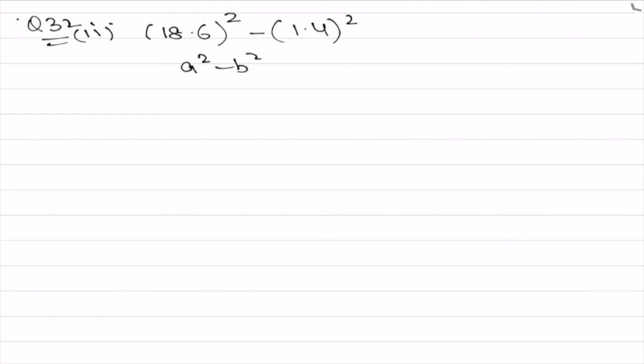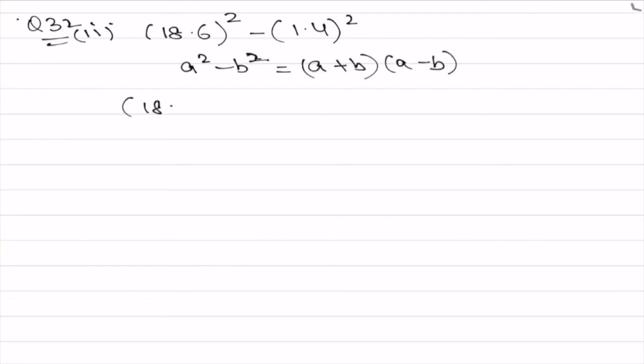Next question is very easy. Evaluate 18.6 whole square minus 1.4 whole square. Now here, children, you will not evaluate by multiplying 18.6 two times, 1.4 two times and then subtract. Here you have to use the identity a square minus b square, that is equal to (a plus b)(a minus b).